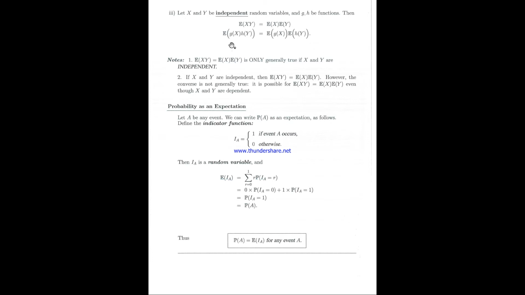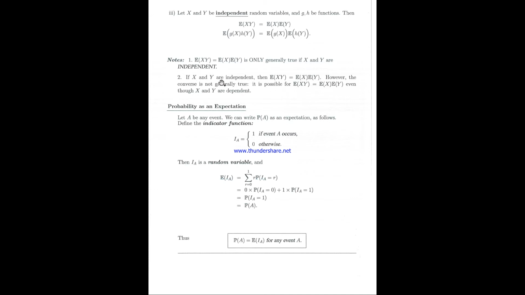Right? But what you have to remember is you can use this only when X and Y are independent. The expected value of XY is equal to the expected value of X times the expected value of Y only if X and Y are independent.